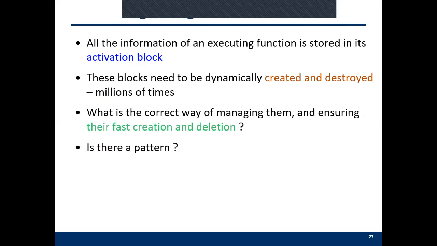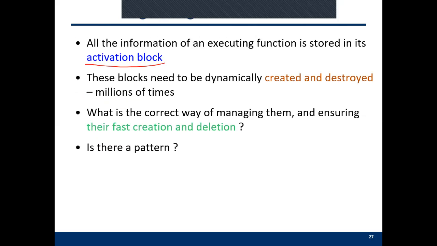So all the information of an executing function is actually in the activation block. These blocks need to be dynamically created and destroyed millions of times. Which means that when you call a function, you also introduce some overhead.